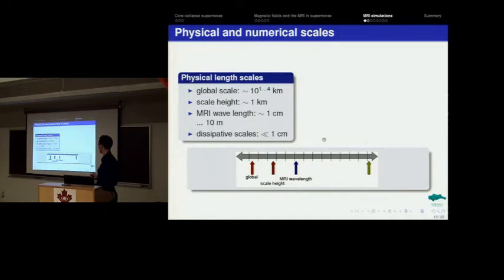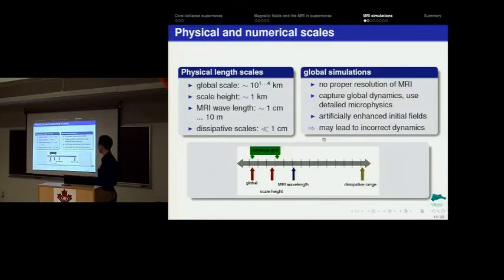So here are those physical scales, and now we have to choose a numerical grid which can capture at most, say, a factor of 1,000 in length. So you have to place the 3 orders of magnitude which your numerical grid covers somewhere. For example, in a global simulation, you try to cover the global dynamics, but then you cannot resolve the MRI wavelength.